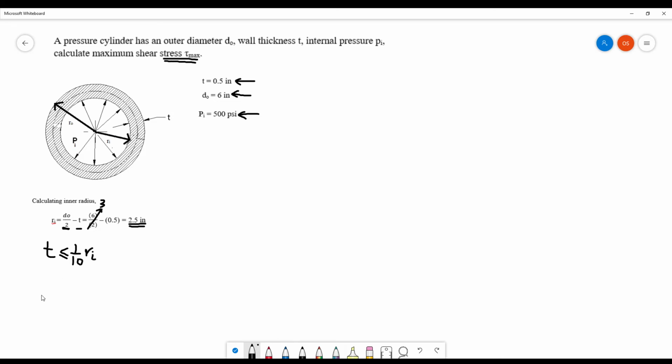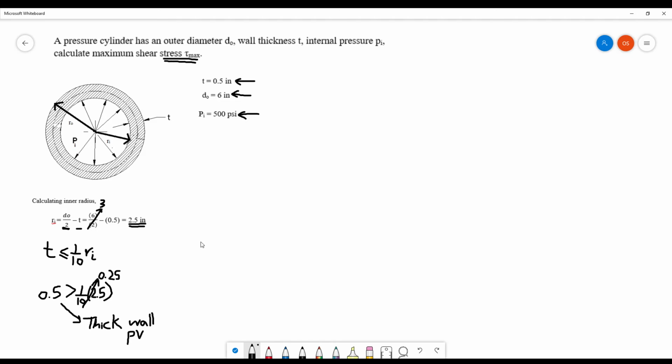So for our case, the thickness is 0.5, which is larger than 1/10 of the inner radius, 2.5, which is 0.25. So we know we're dealing with a thick wall pressure vessel.